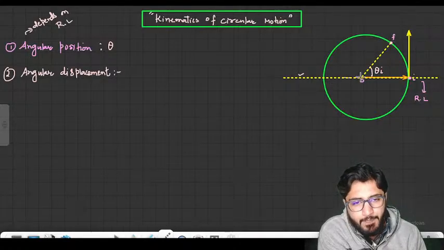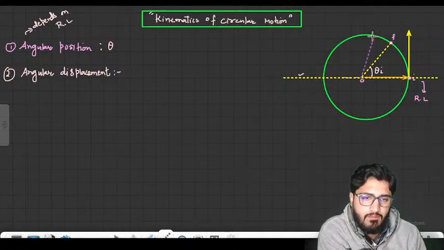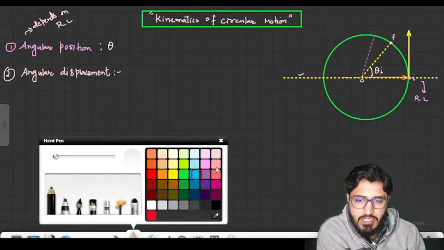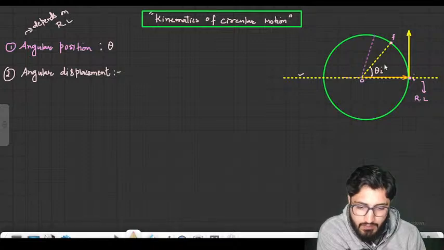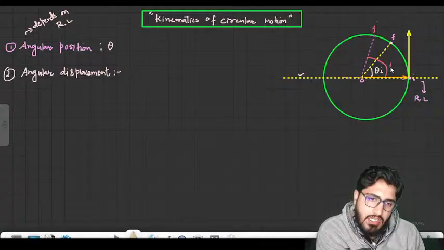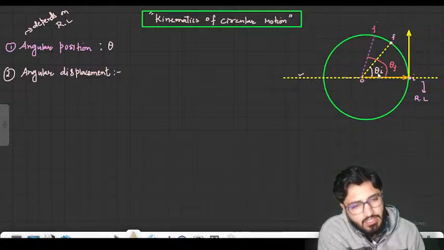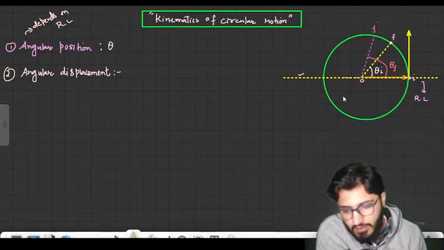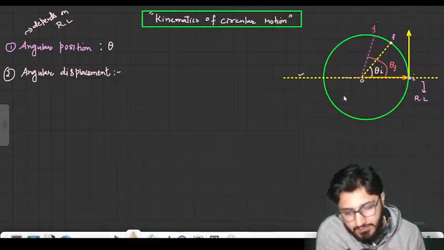Initially its angle was theta 1, and finally its angle is theta final, let us suppose. Clear? From the reference line. So what is the net displacement?